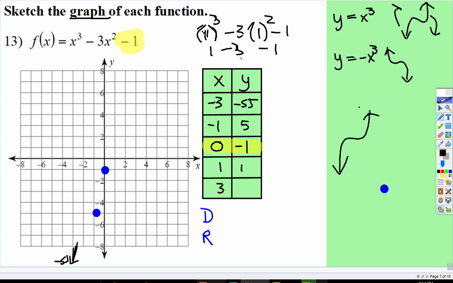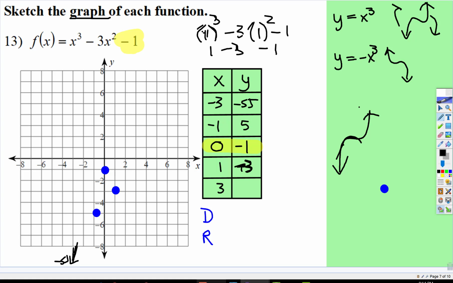Well, 1 subtract 3 is negative 2. Negative 2 subtract 1 is negative 3. So at 1, negative 3. Oh, there's that curve right there.